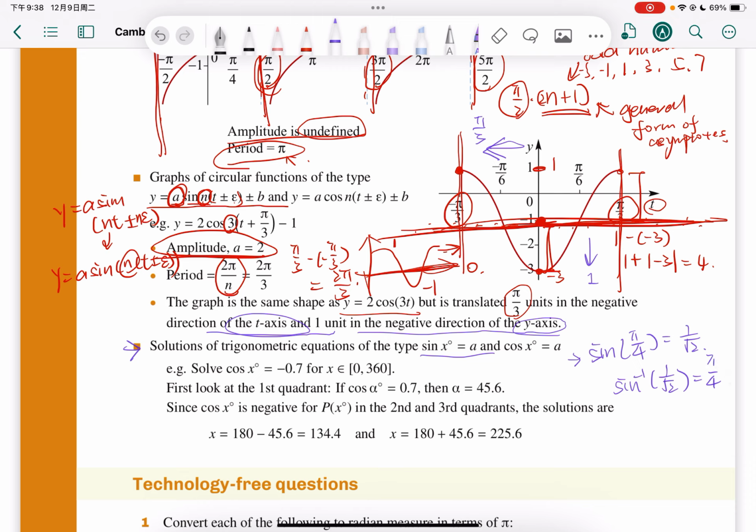So if we want the angle pi on 4, then we use the sine negative, which is how you've been told to find the alpha. And if we want the sine pi on 3 or pi on 4, then we get the answer, and we use this method over here.